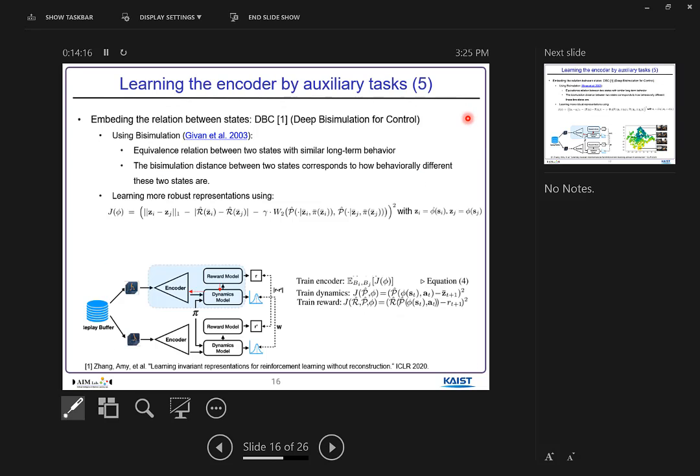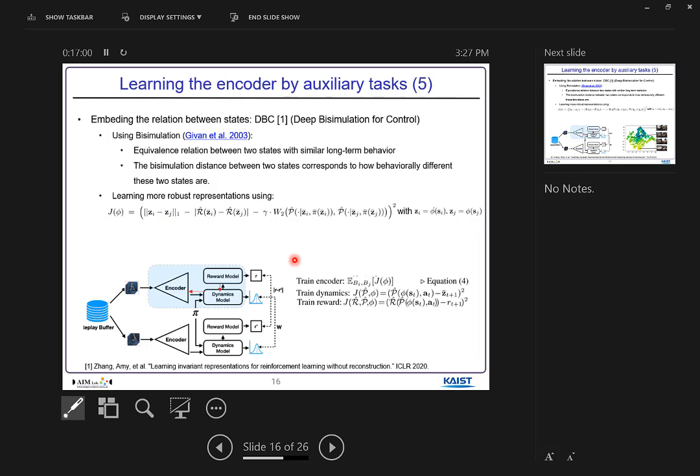But this one, besides that, embeds a metric to learn the feature better. The bisimulation is a metric measured by this term. And another auxiliary loss is that, in the latent space, the L1 distance between two arbitrary features should follow this metric.